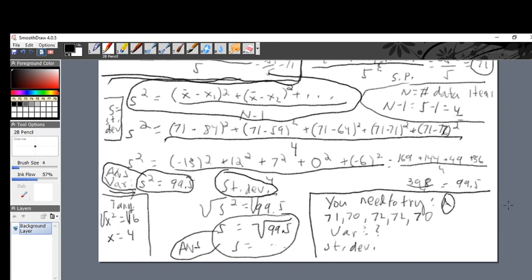This is a big number. Let's go with the variance. This number, 99.5. Our variance is 99.5. I have it in 2 places right here. The variance is very big. You'll see the reason why it's so big is because these numbers, 84 and 59, these temperatures were far away from the mean.